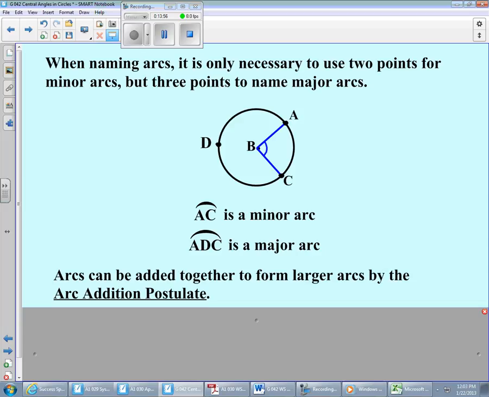That's called the arc addition postulate or the arc subtraction postulate, depending on whether you're adding or subtracting. That may be important for you to know in the case of a proof. It's possible that you may have a proof about a circle, and in that proof they may be adding 2 smaller arcs together to make a bigger arc, or taking a big arc and subtracting something away from it to make a smaller arc. That's arc addition postulate and arc subtraction postulate.